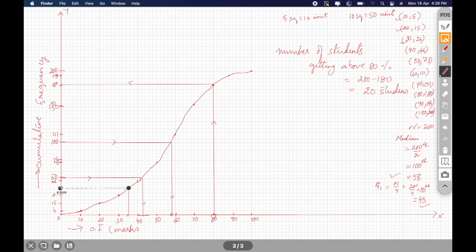Now if we see here and count these squares, it is approximately 36. So number of students getting below 35 equals 36.